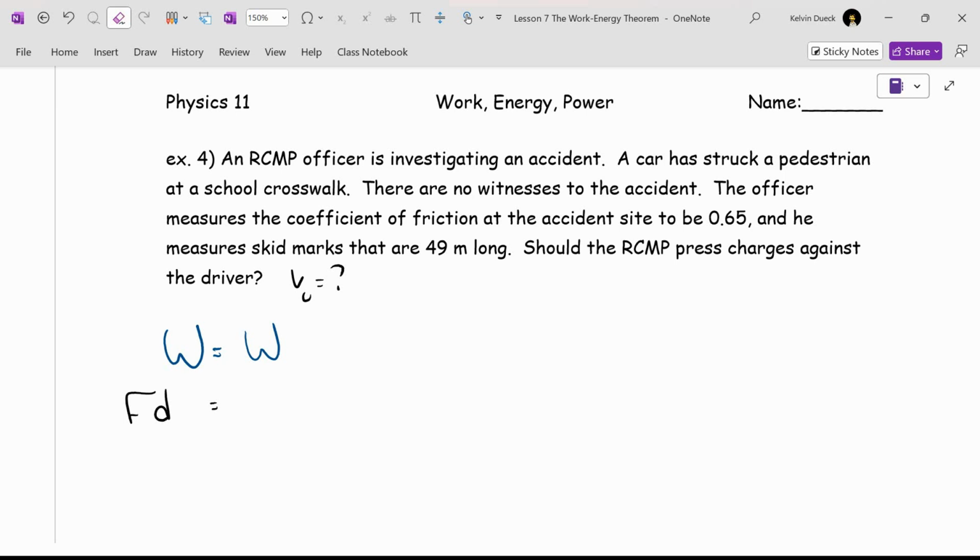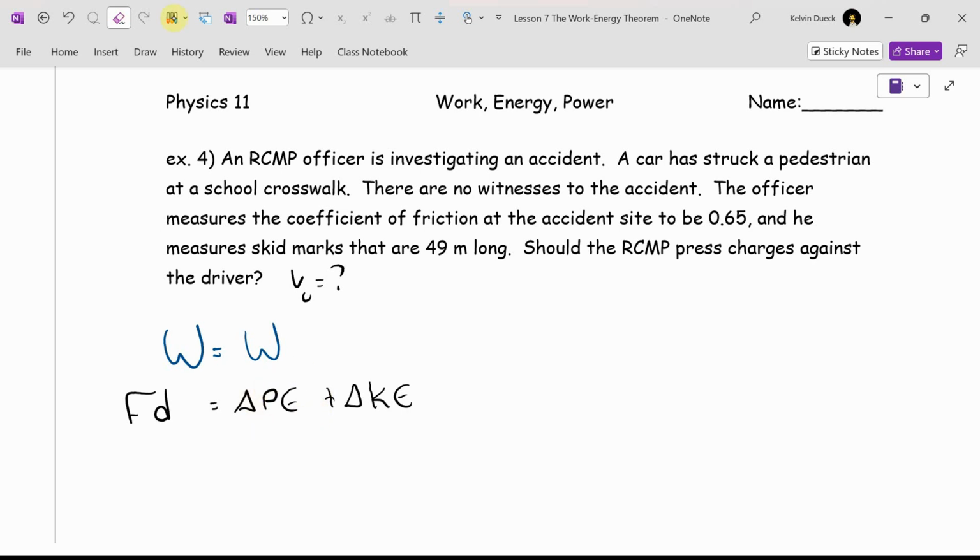On the right-hand side, I'm going to use the work-energy theorem, the change in potential plus the change in kinetic. Looking at this question, the way it's described, is there a hill at all? No. If there was, you can work it in.